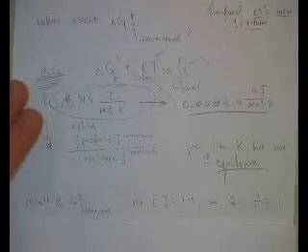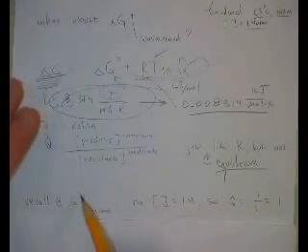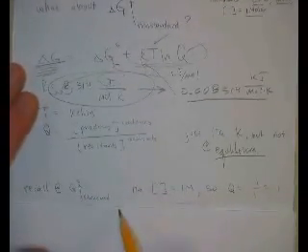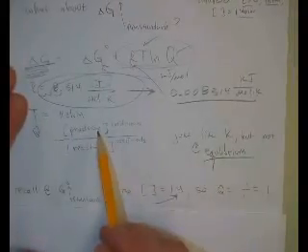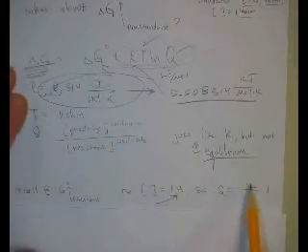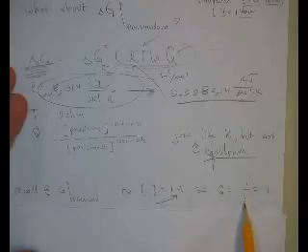Recall that delta G, this circle right here, at that circle, the concentrations are at standard conditions, which are 1 molar. So if the concentrations are all 1 molar, then when you take products divided by reactants, you have 1, maybe times 1 or 1 squared or something like that, divided by 1. And so Q is equal to 1.